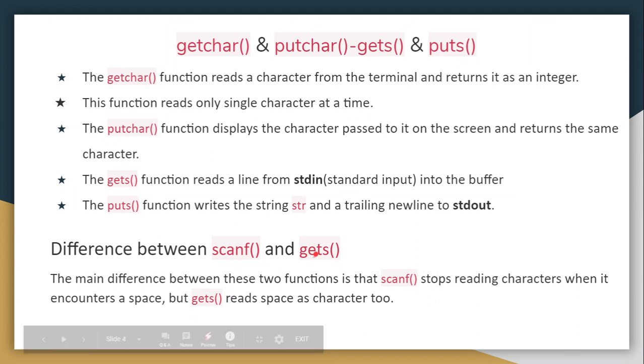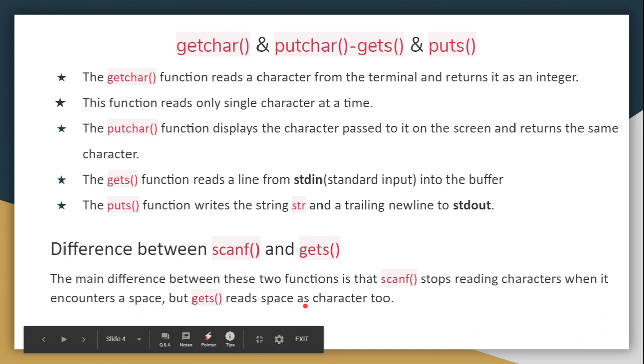Whereas in gets or puts, only one string can be the input or the output. When there is a space, scanf stops reading and the space gives a gap for scanf to scan the next value, whereas in the case of gets, the space is also taken as a character.